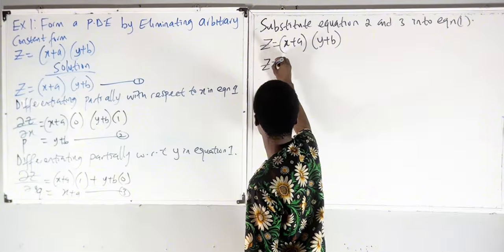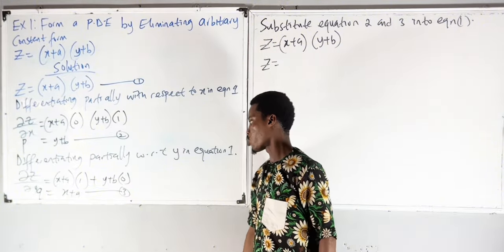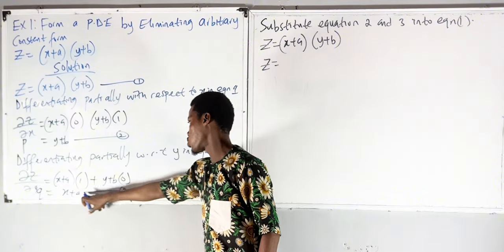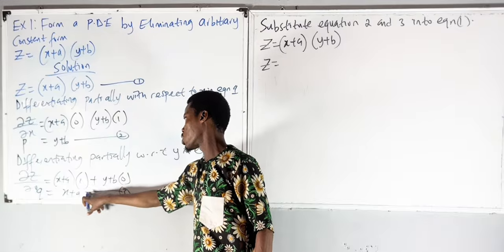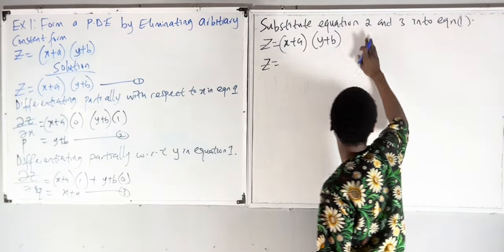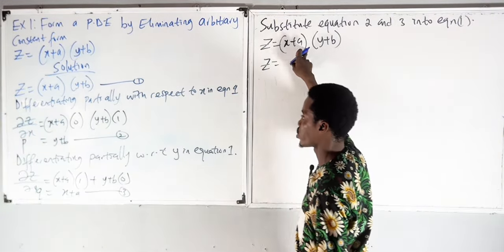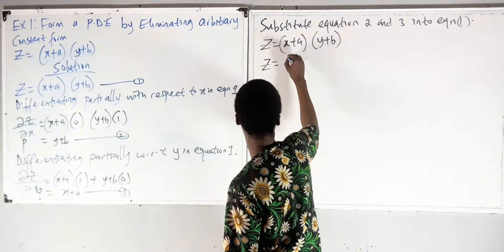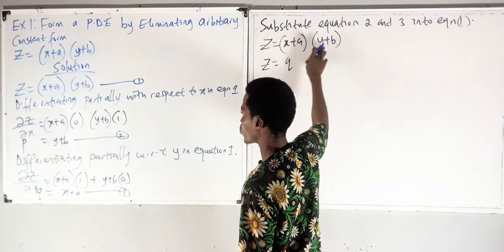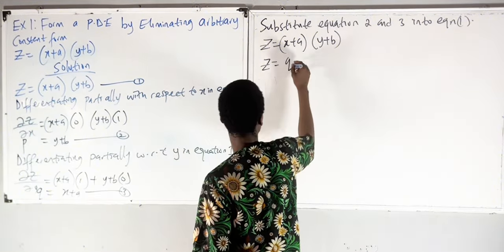You can see that x plus a is what? It is q. So substituting equations 2 and 3, my x plus a is q, so I'm going to have q here. Then my y plus b is p.